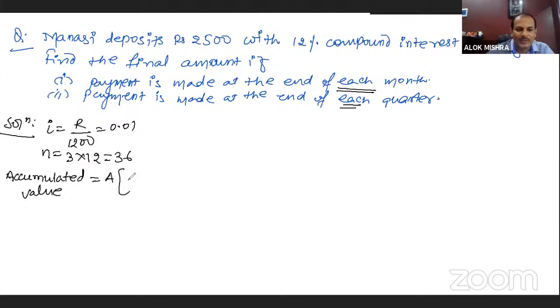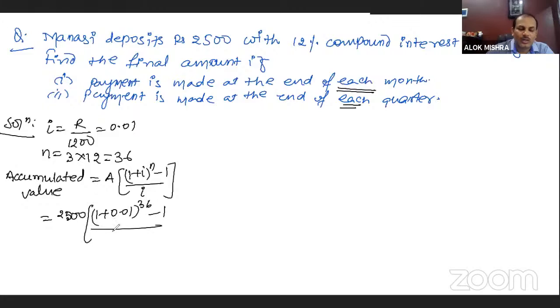Fine. The accumulated value is equal to A into 1 plus I to the power n minus 1 upon I, where A is the periodic payment, that is rupees 2,500. 2,500 into 1 plus 0.01 to the power 36 minus 1 upon 0.01.